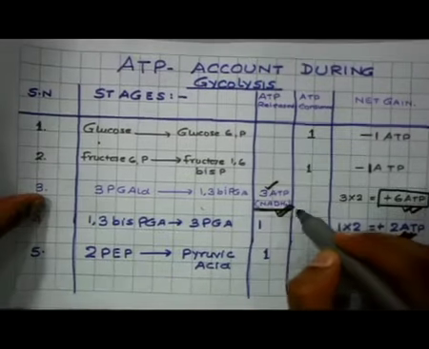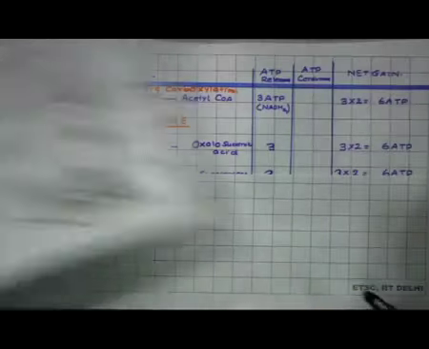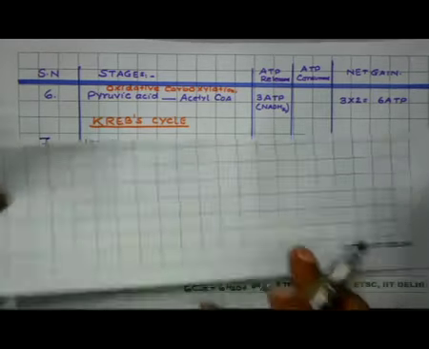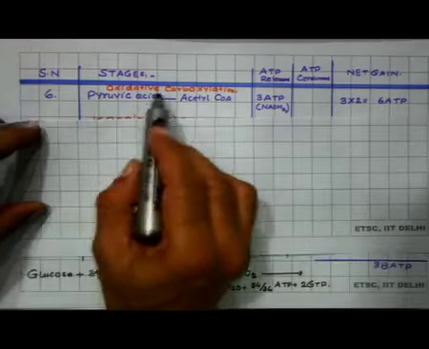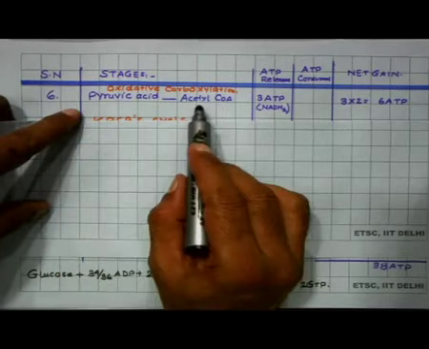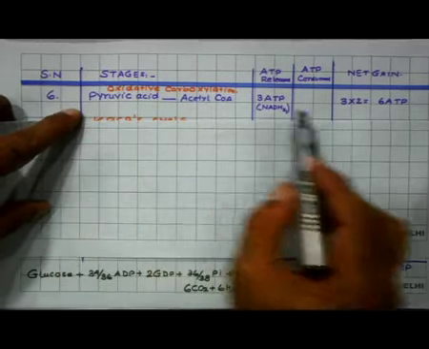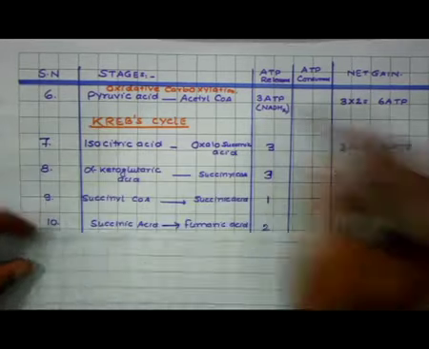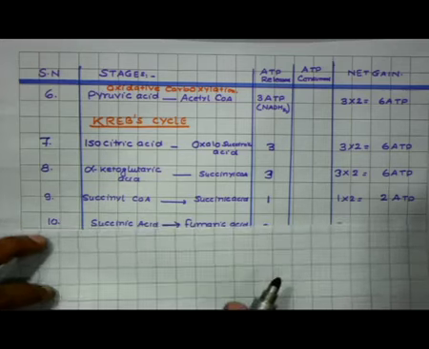So, this one is the first NADH2 in glycolysis. The second NADH2 we have already discussed, that is in oxidative decarboxylation when pyruvic acid is converted into acetyl coenzyme, one NADH2 is formed, which releases ATP.